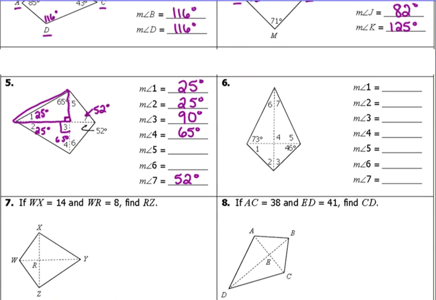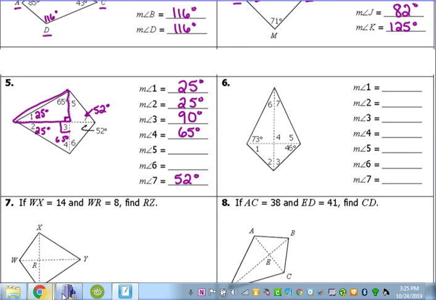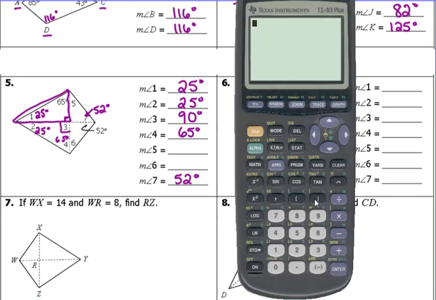So for 5 and 6, those are the remaining angles, they're equal to each other, and those are the angles that we have left in our quadrilateral. When we add up all the exterior angles here, they should equal 360. We don't have them all yet. We've got 25 plus 65 plus 52 plus 52 plus 65 plus 25.